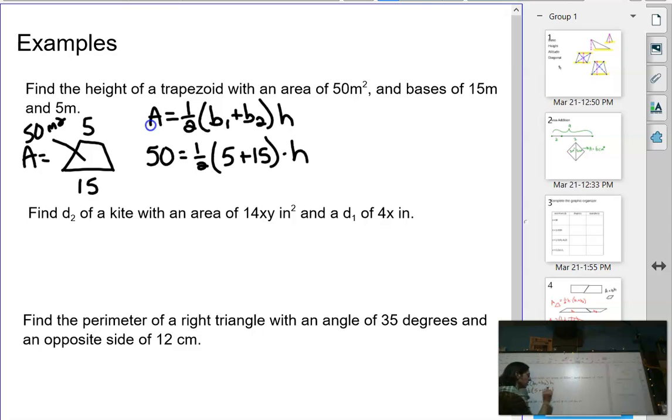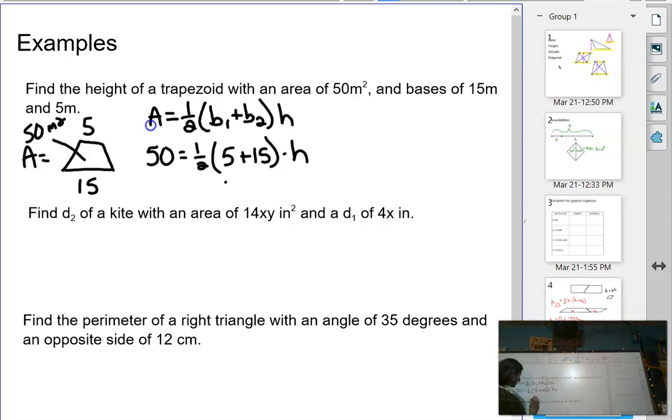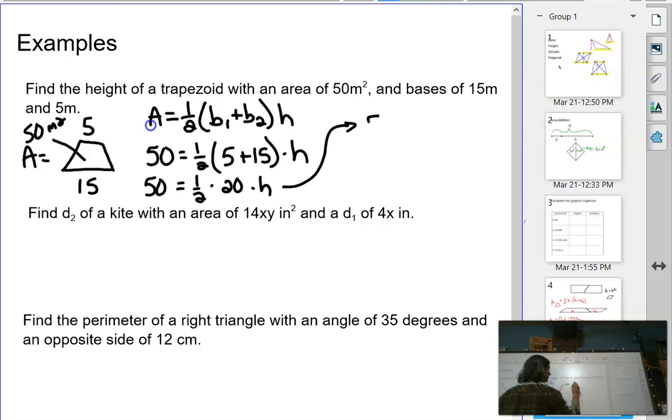You'll notice I have now isolated it down to one variable. 5 plus 15 is 20, times 1/2 is 10. So I've got 50 equals 10h. Now I can divide both sides by 10, and h equals 5.